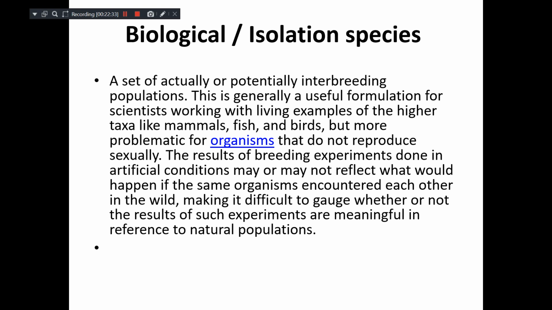Then there is one more, the biological or isolation species. What Ernst Mayr defined is mostly the biological species, because it is the actually or potentially interbreeding population.